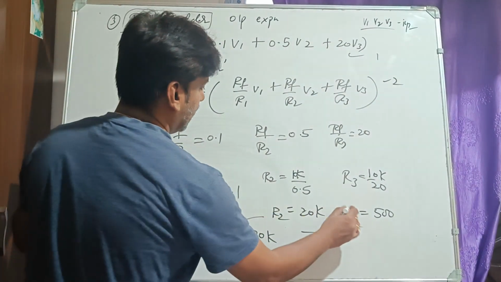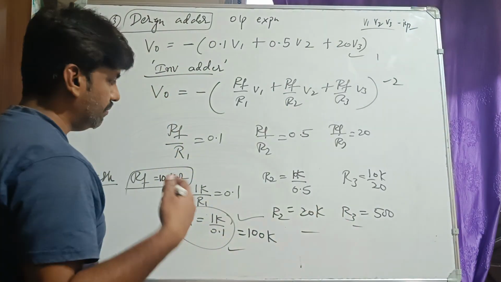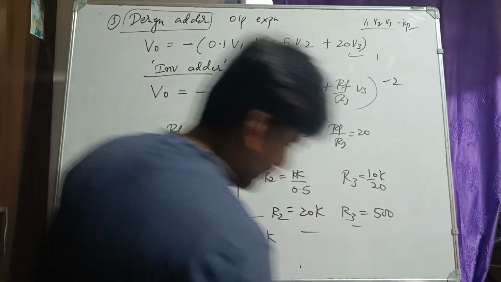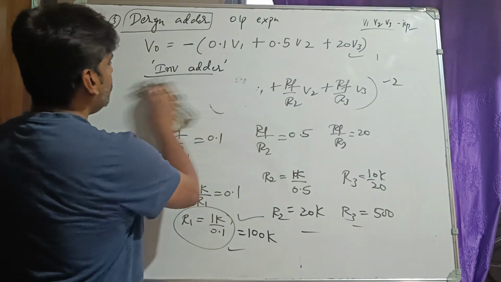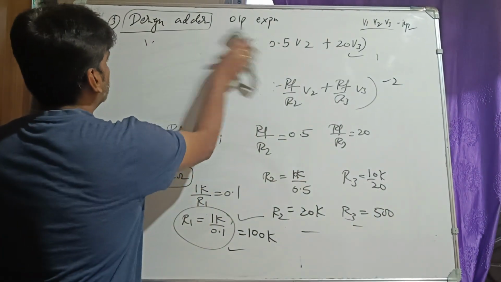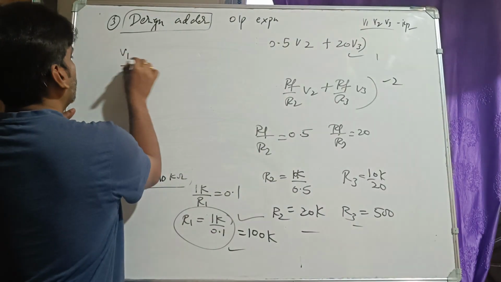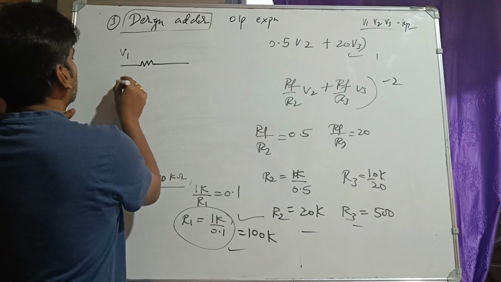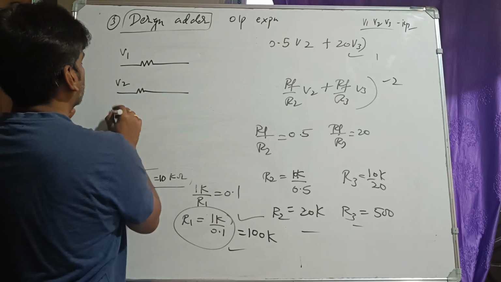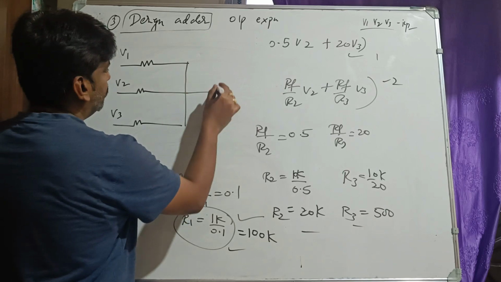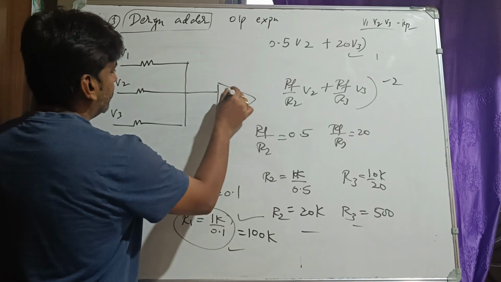Once I have this, now I am able to design the diagram. How to design the diagram? V1 resistance, V2 resistance, V3 resistance, all three are connected to the inverting terminal.